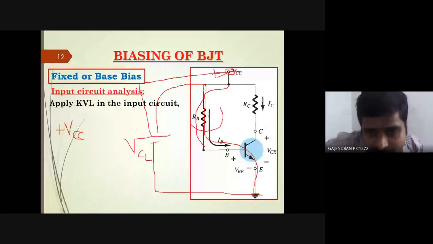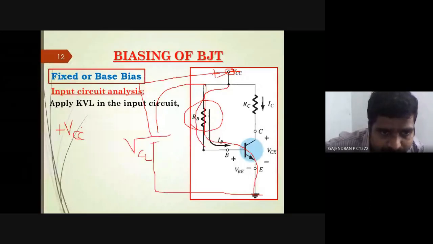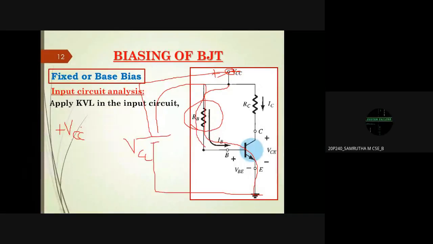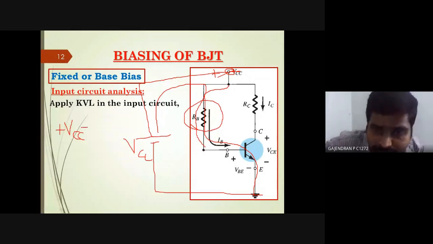Voltage drop, do I need to put minus or plus? Minus. What is the voltage drop across the resistor? How can I find it? IB into RB. Very good, by using Ohm's law, I into R, so IB into RB.